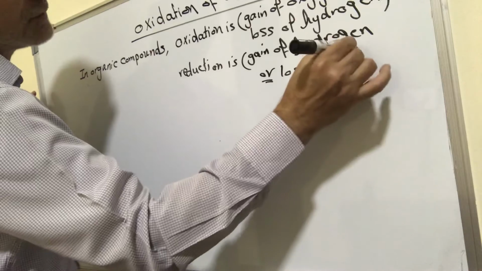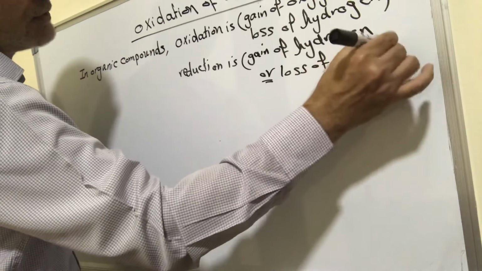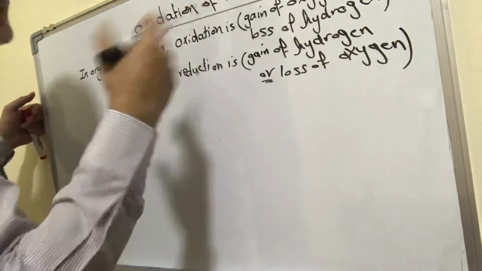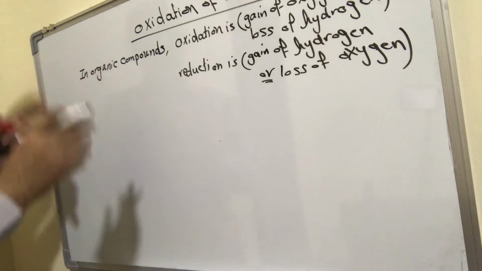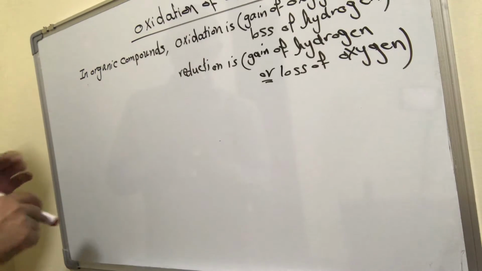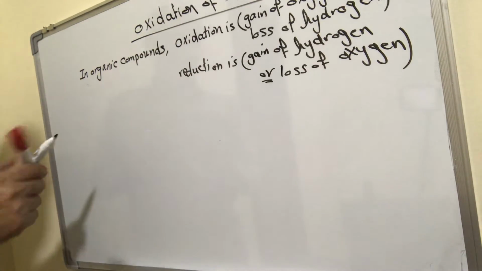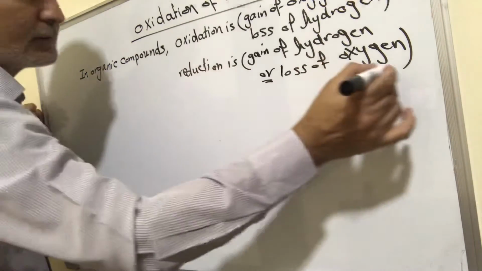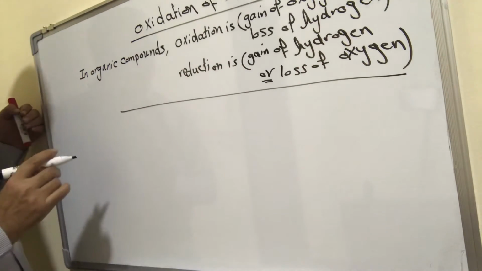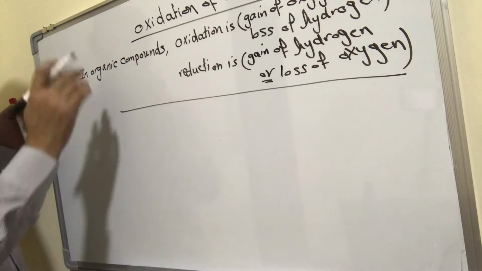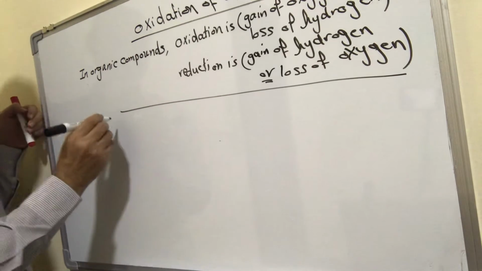Why is that important? Because you will find these two things, gaining or losing oxygen and hydrogen, in the oxidation process for the alcohols. So first of all, let's see the process of oxidizing primary alcohol.